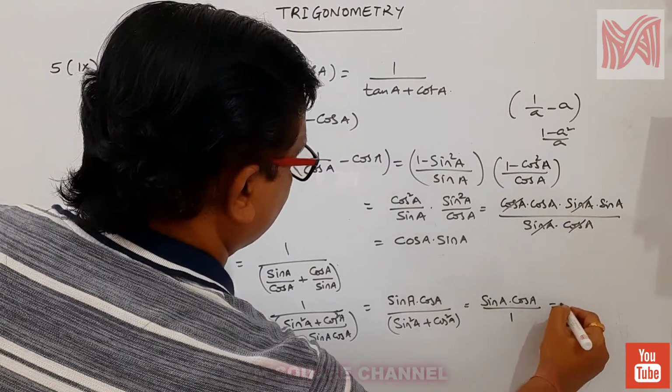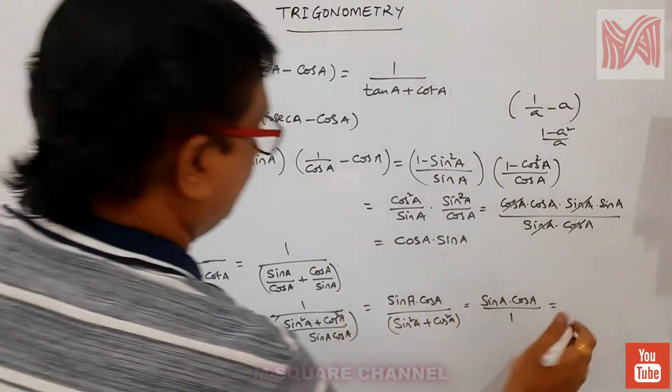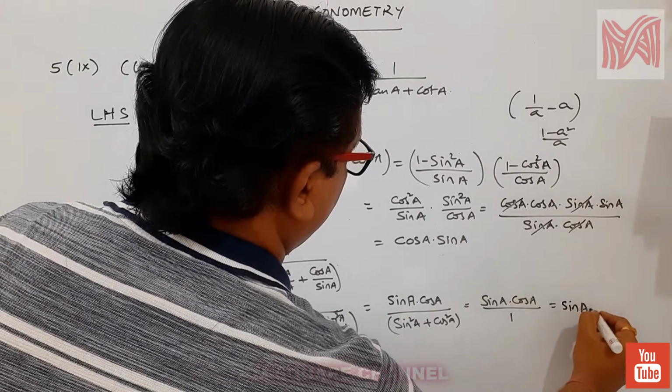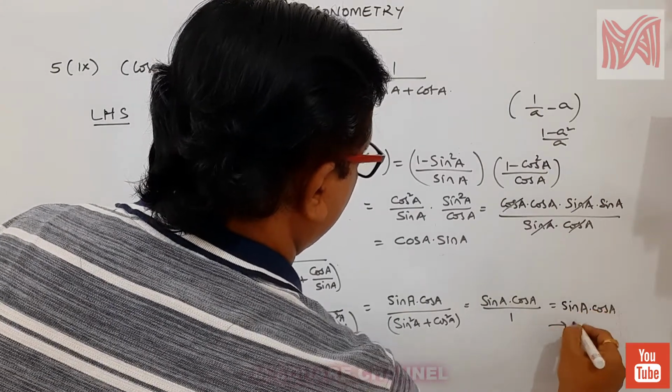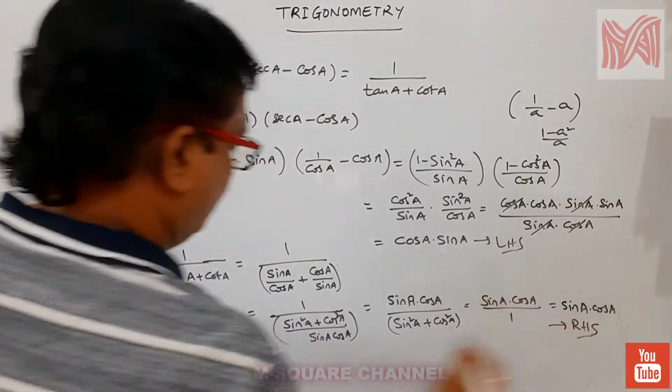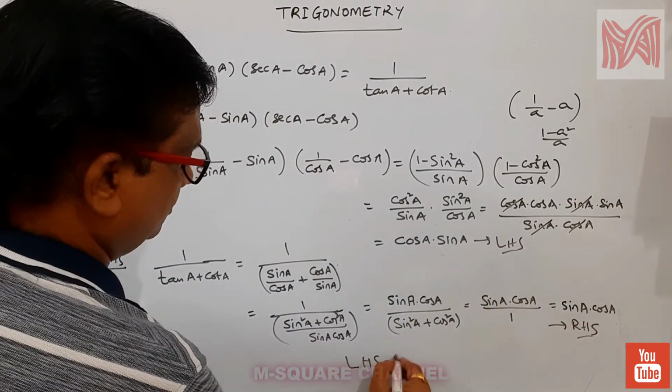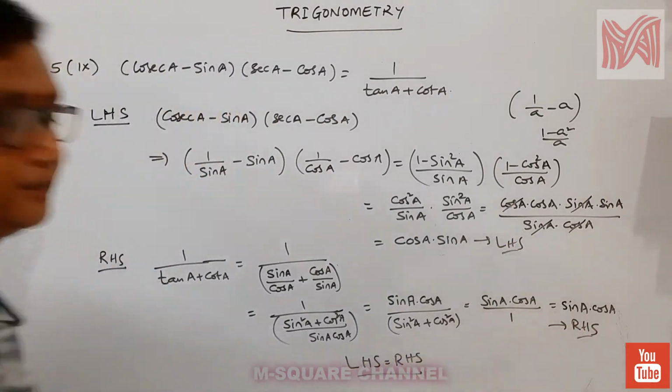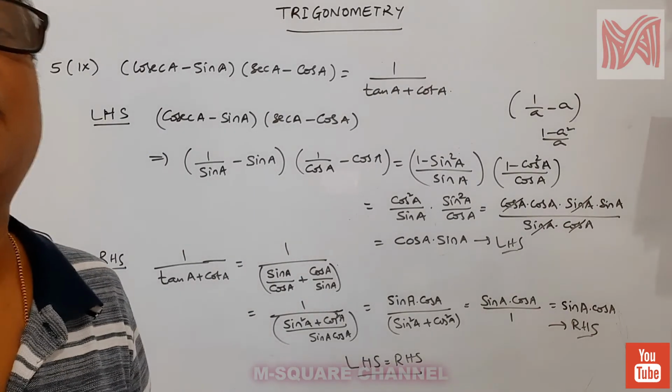So that is RHS, and this RHS is equal to LHS. So sin A into cos A. Both are equal. LHS equals RHS.